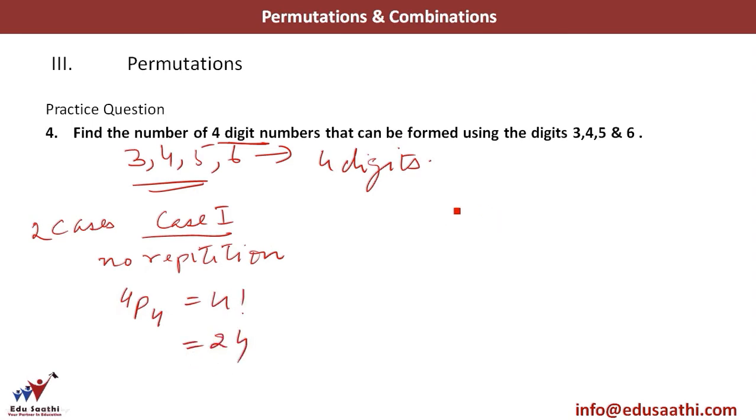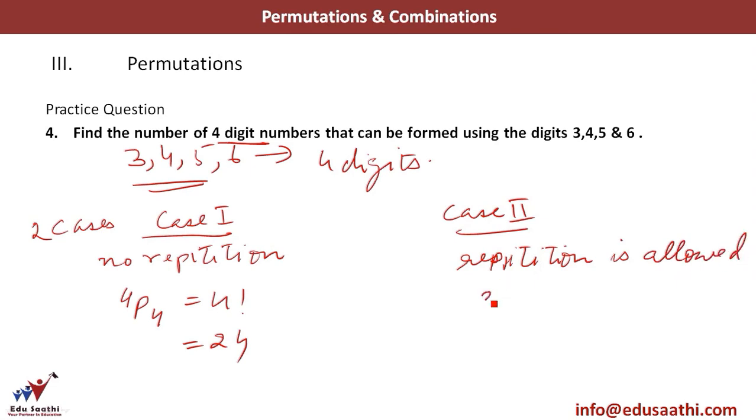Case 2 is that repetition is allowed. It means I can have a number like 3, 3, 3 and 3. I can use the 3 four times. What is the answer in this case?